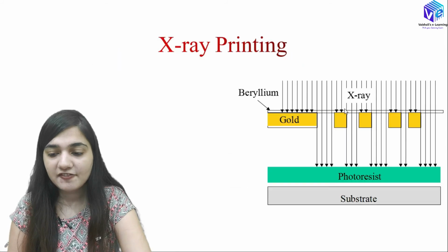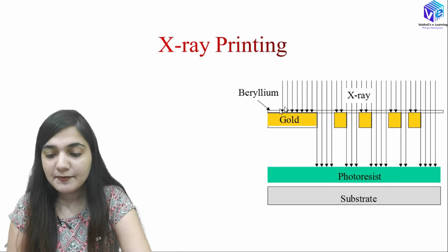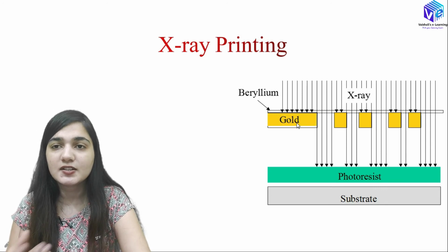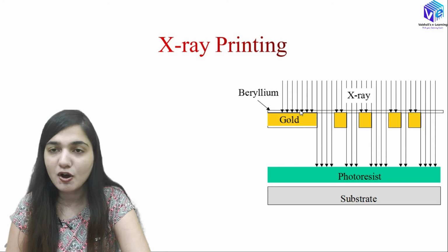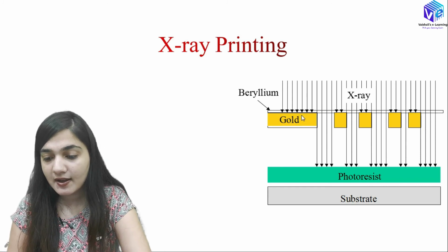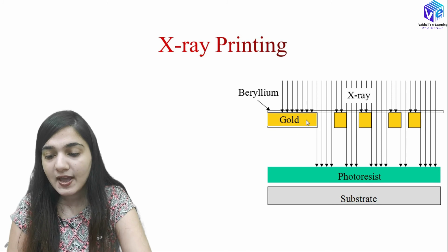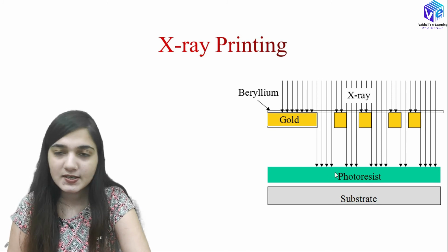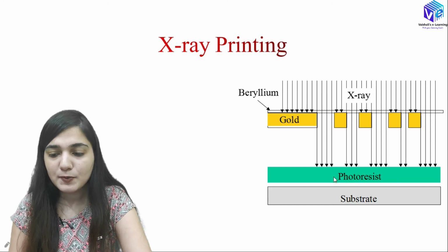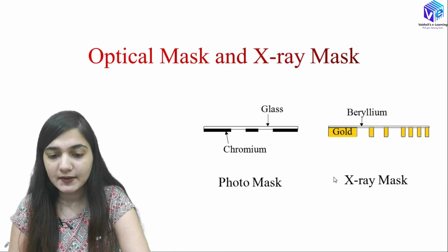Here I have beryllium, and beryllium will be used instead of glass, and over the beryllium we are making the gold mask, and this is the reason this process becomes expensive, because gold is an expensive element. X-rays are stopped by the gold, and where the gold is not there, X-rays reach the photoresist and change the properties of this photoresist. And I hope now you understood what X-ray printing is.